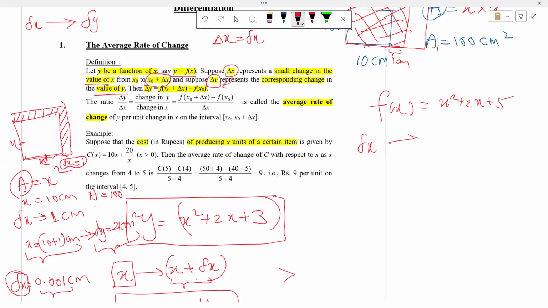Because of the increment of delta x, if I increase the small value of x by delta x, there is an increment on my variable y, which we call delta y, right? Now I already told you the average rate of change means delta y over delta x. So that is equal to what?